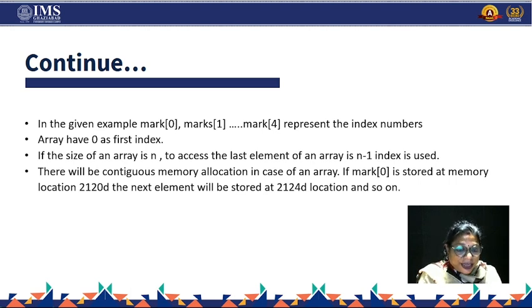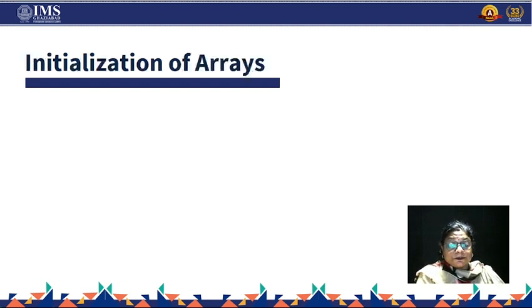So if the 0th element is stored at memory location 2120, the next element's location will be plus 4, that is 2120 plus 4, meaning 2124. And for the third element, it is 2124 plus 4, that means 2128 will be the next memory location for the next element.